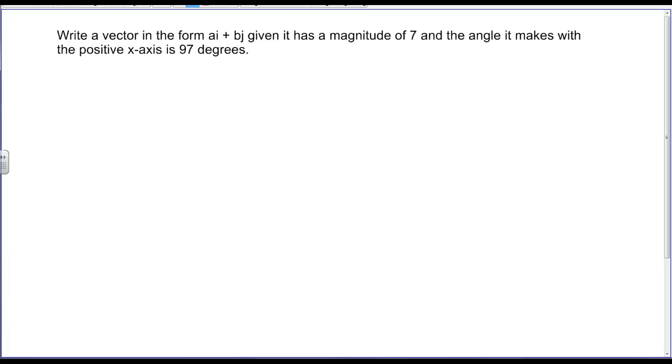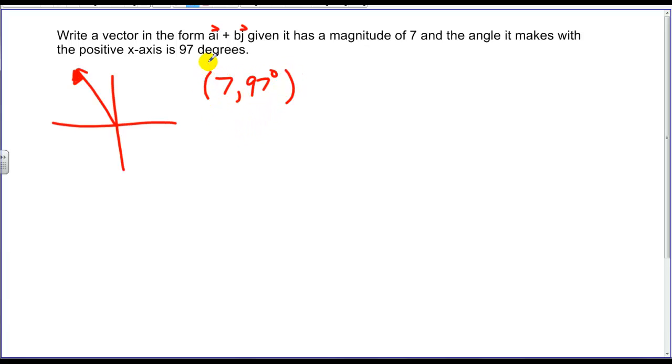Lastly, we're going to write a vector in the form of a times the unit vector i plus b times the unit vector j, given that it has a magnitude of 7 and the angle it makes with the positive x-axis is 97 degrees. Well, think about that. Here's my vector, if you will, that is given by a magnitude of 7 and 97 degrees.